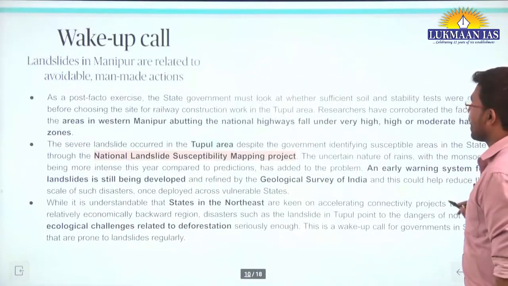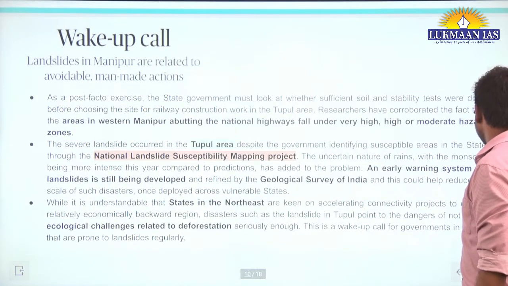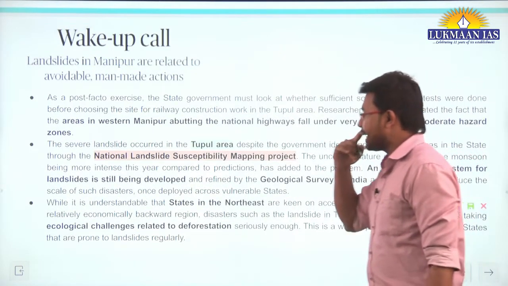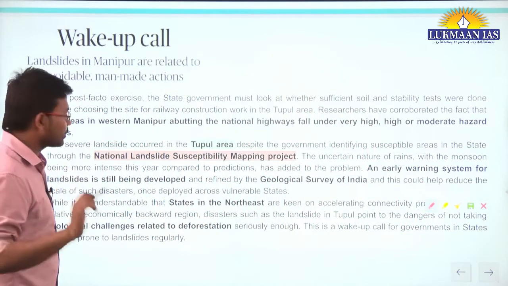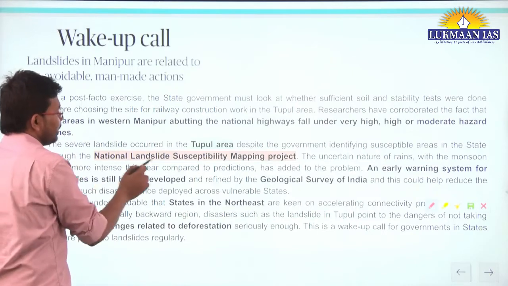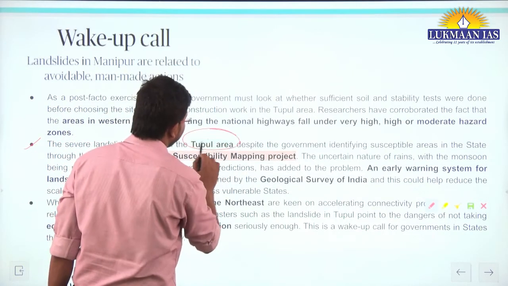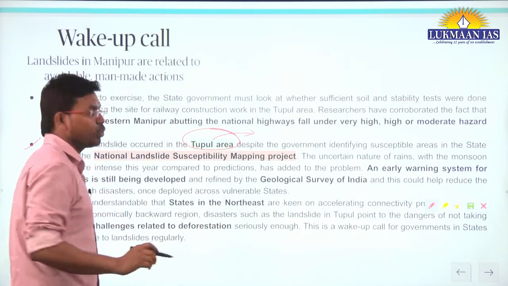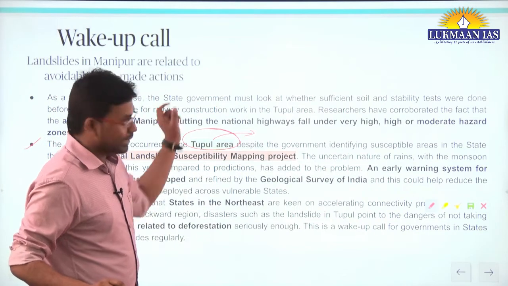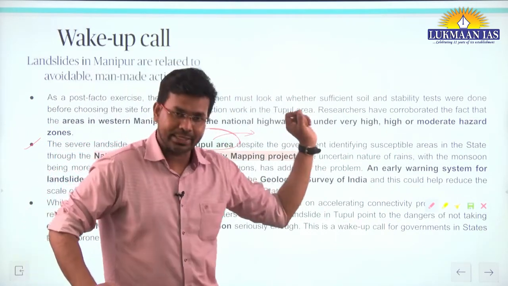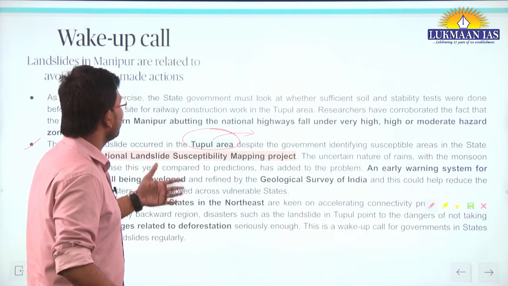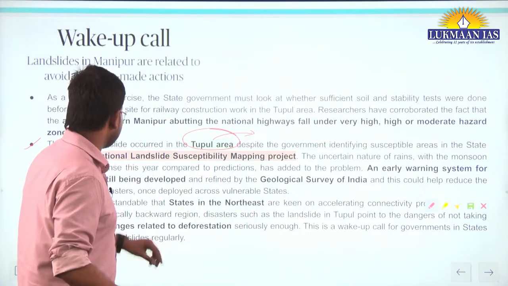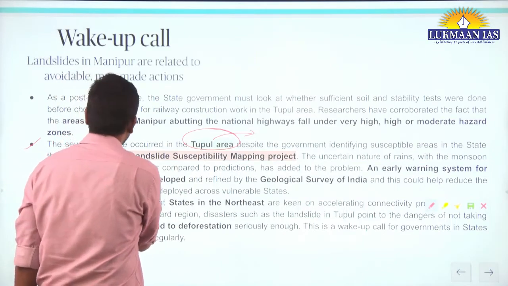So that's why the author has highlighted that, to avoid such things happening in future, like this landslide that has happened in this particular region, which is known as the Tupul area, in the Noney district of Manipur, we need to have national landslide susceptibility mapping.